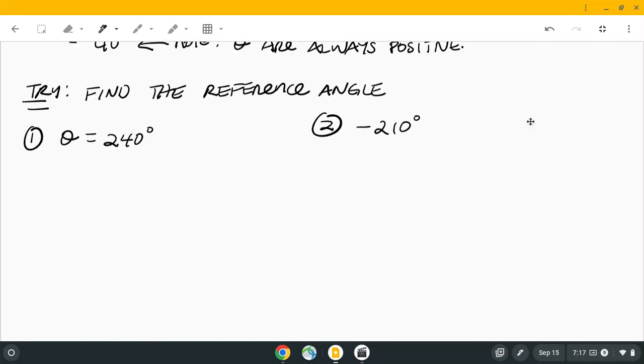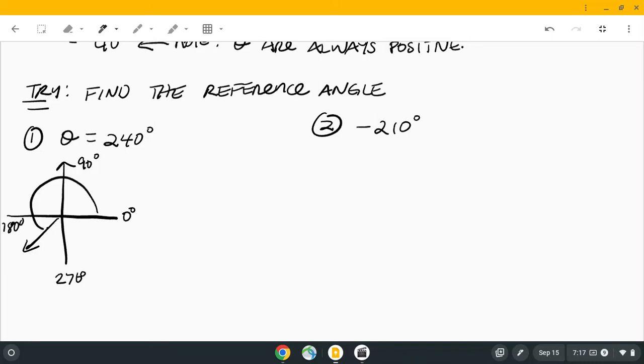Okay, so 240, I always like to draw these. That way it makes some visual sense to me. 240 degrees, so this is 0, 90, 180, and 270. Okay, so I know that's going to be over here in quadrant 3. So that's going to be somewhere in here.